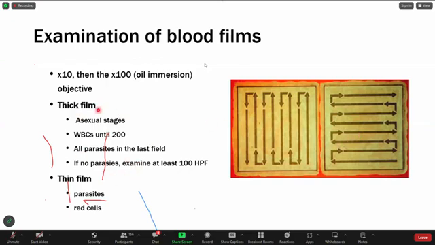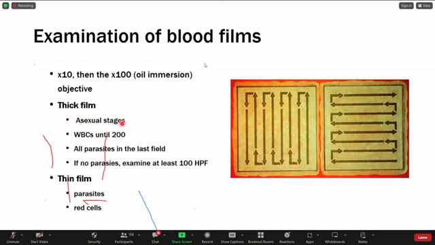Then, if we are examining a thick film, we first look for the stages of malaria. If you see the sexual stage first, it's okay. These stages, we shall see them in the coming slides.